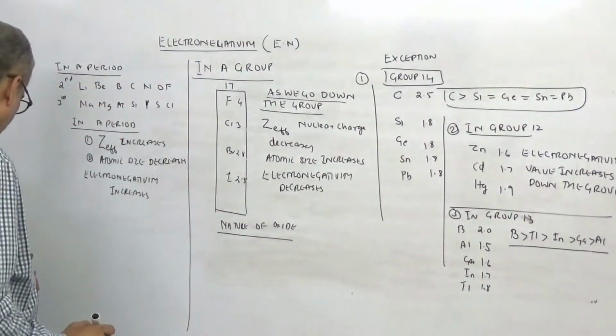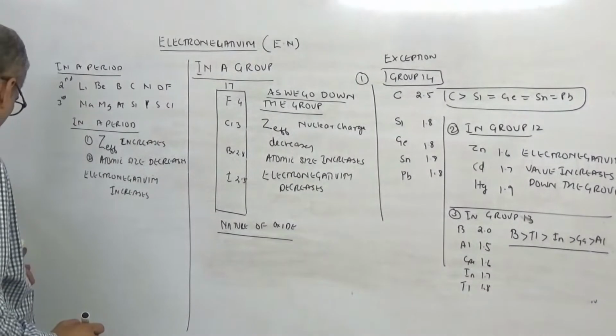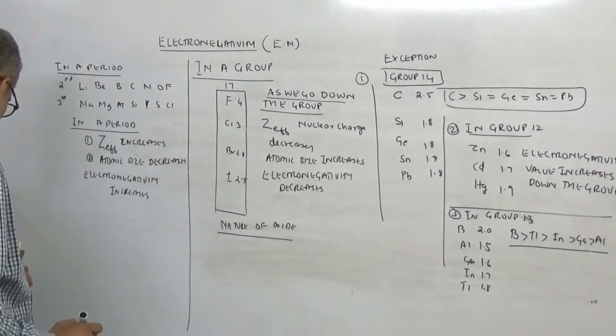Whenever the difference in electronegativity is 2.3 or more, the oxide will be basic, and if lower, it will be acidic.